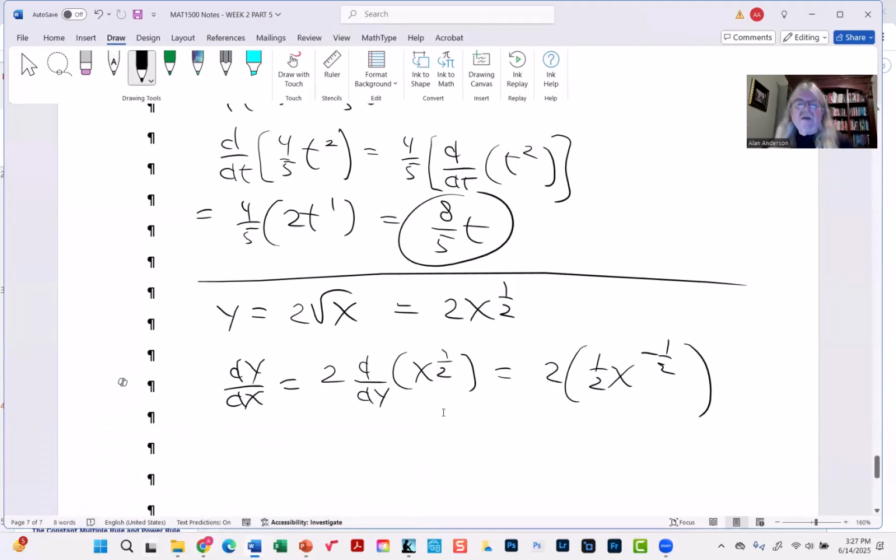I apply the power rule to x to the 1/2. It becomes 1/2 x to the minus 1/2, because I'm subtracting 1 from a half. So this reduces to x to the minus 1/2, which is actually the same thing as 1 over radical x.